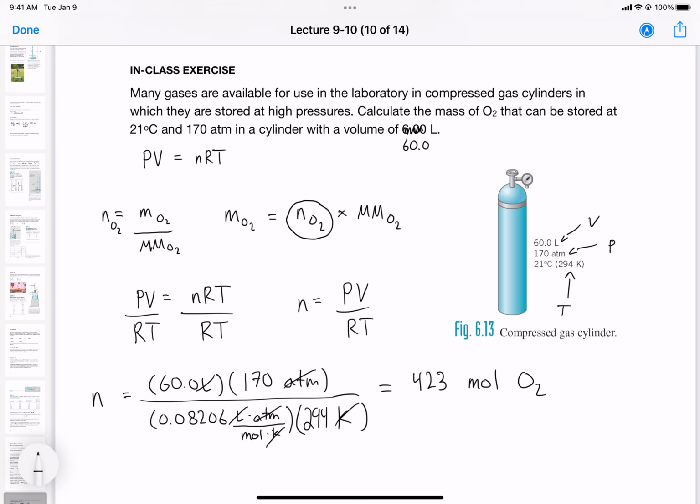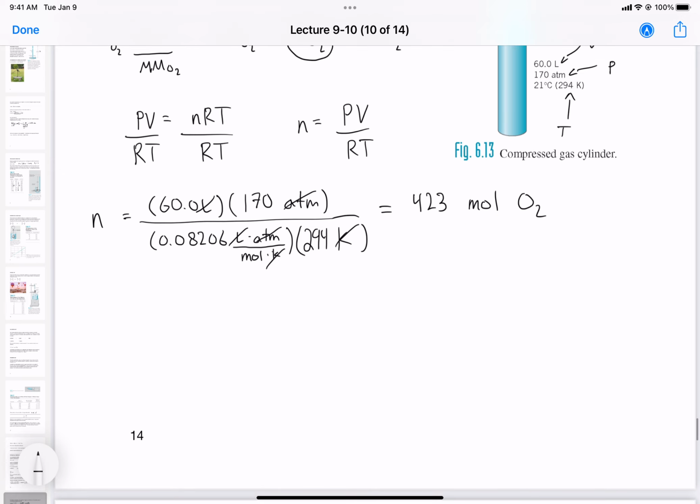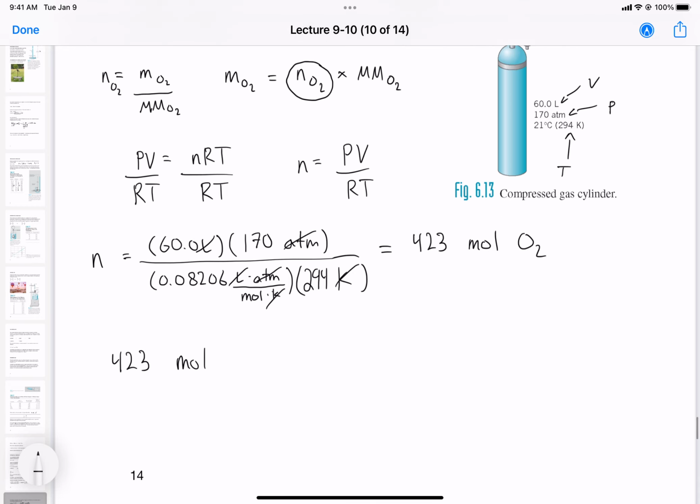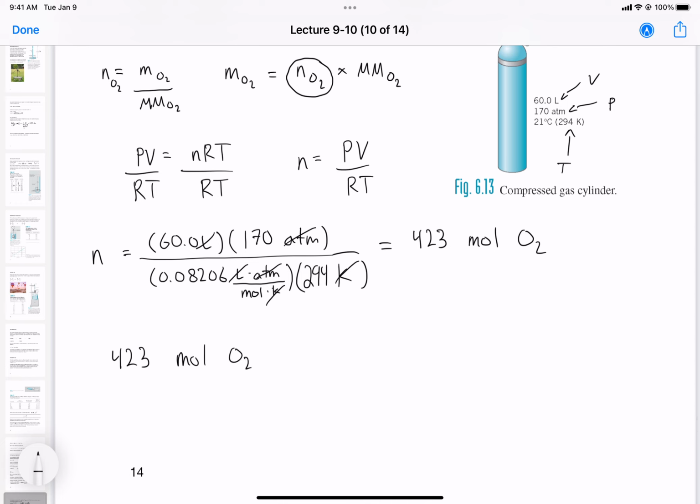Now if we go to the bottom here, we take our 423 moles of oxygen. We now have our number of moles in our mass equation, so we have to multiply this by the molar mass.